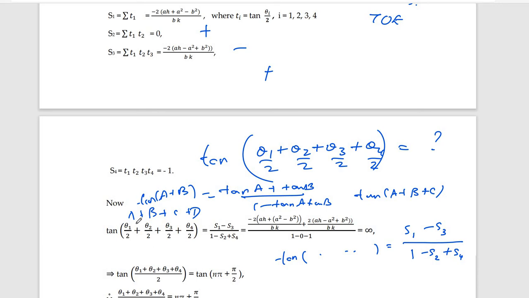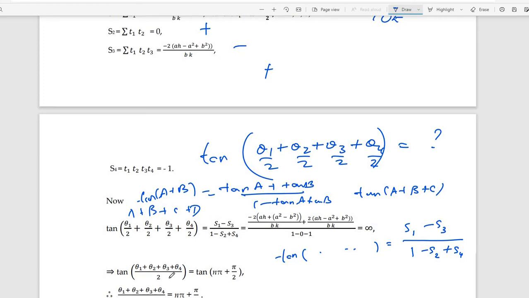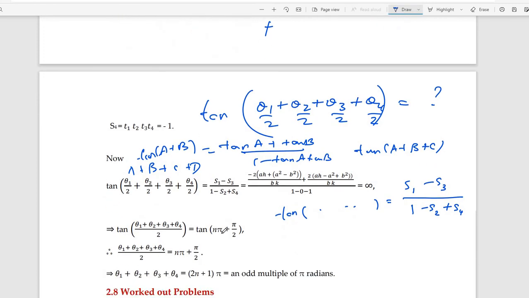So we have tan of something to be infinity. So that something should be n pi plus pi by 2, because tan 90 is infinity. And tan pi plus 90 is infinity, and so on.